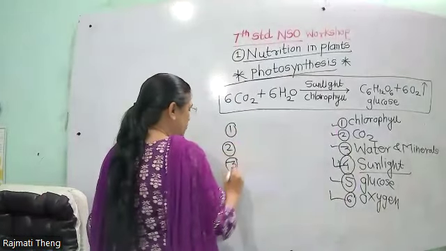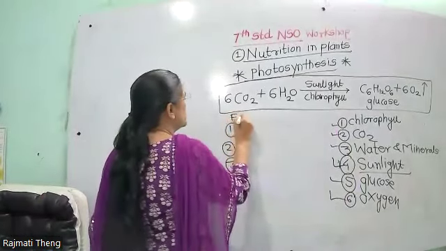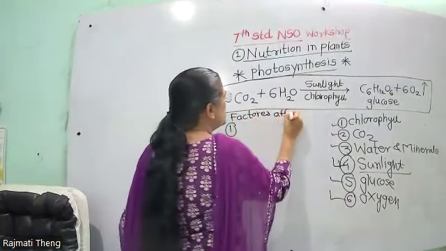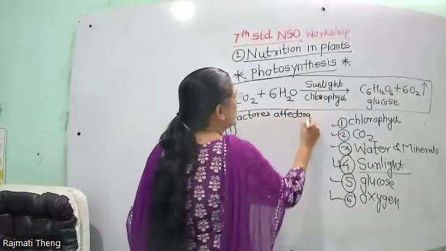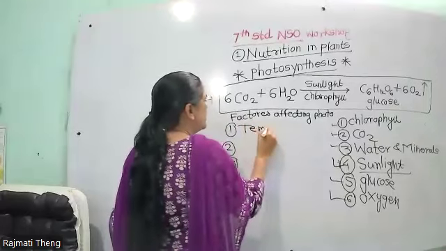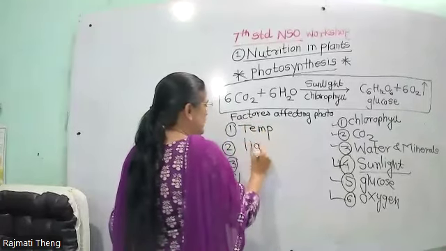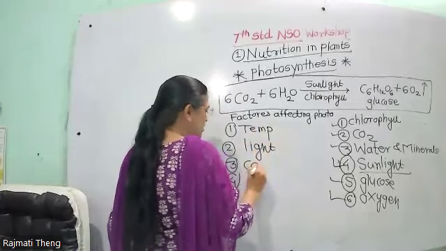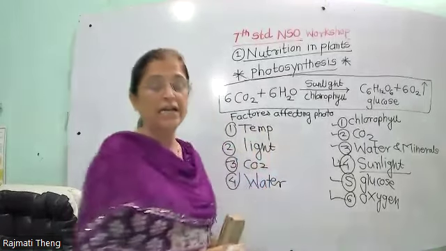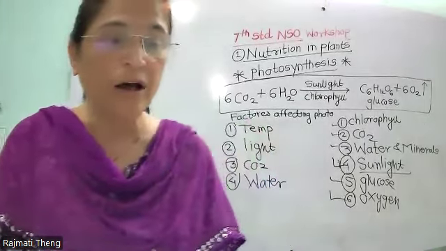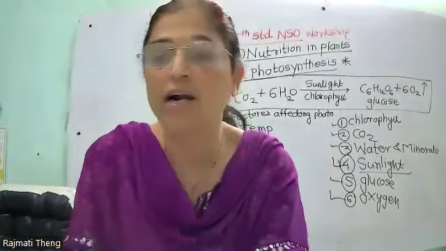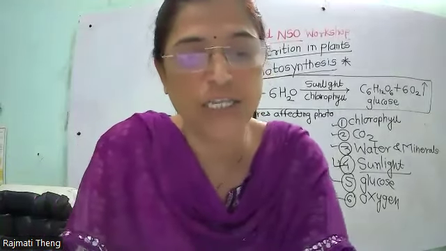So first factor is the temperature, second factor is light, third factor is carbon dioxide, and fourth factor is water. So temperature, light, carbon dioxide and water affect photosynthesis.